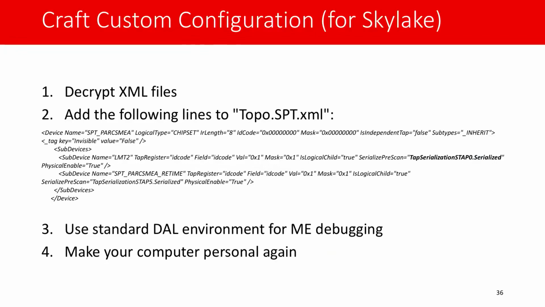How to do custom configuration? Four steps. First, decrypt the XML files. Second, add the following lines to the top ASPT XML. And use the DAL environment for ME debugging. And it will make your computer personal again.